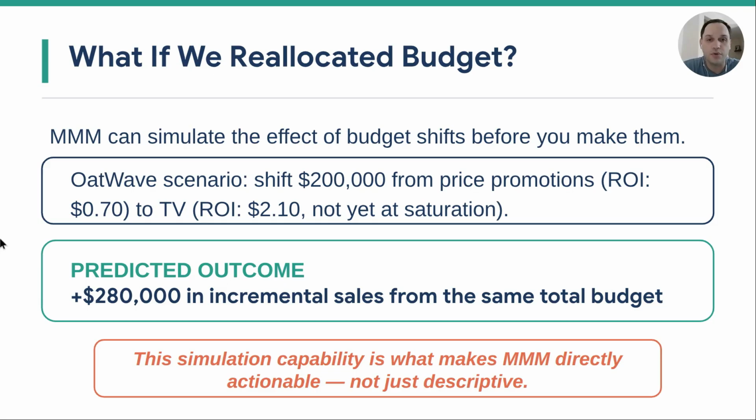The model predicts that shift produces an additional $280,000 in incremental sales from the same total marketing budget, just allocated differently. That simulation is what makes an MMM a planning tool rather than just a reporting tool. It tells you not just what happens, but what to do next.